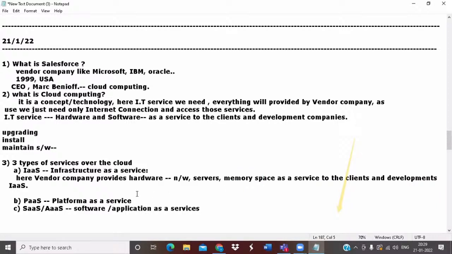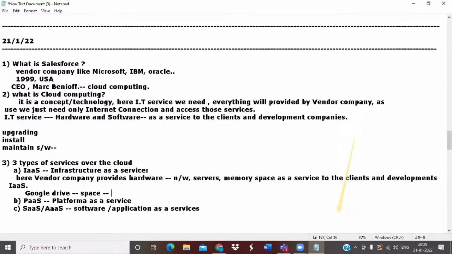For your better understanding, I'm giving a simple example. Try to understand what I'm speaking here, guys. I hope all of you know about Google Drive. Google Drive is the best example of infrastructure as a service. What is the advantage of Google Drive? In Google Drive, you can upload data. You can store your information, pictures, audio, video clippings, whatever you have. A simple question: Google Drive memory space is provided by whom?